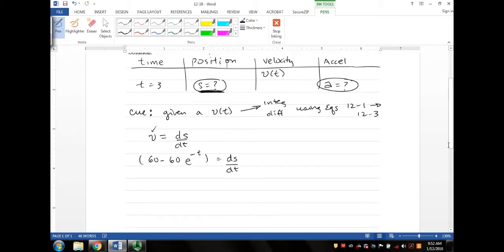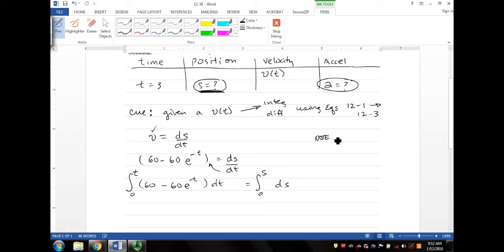Now we'll bring dt over onto this side, so we get 60 minus 60 e to the minus t dt is equal to ds. Now we're in a position to integrate this equation, from 0 to t on this side, and from 0 to s on the other side.